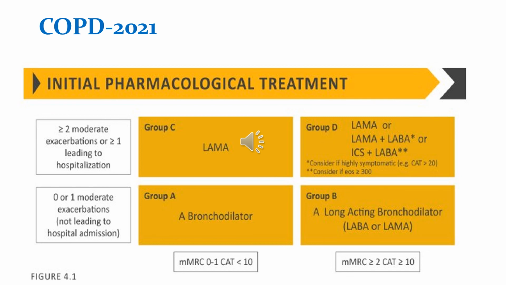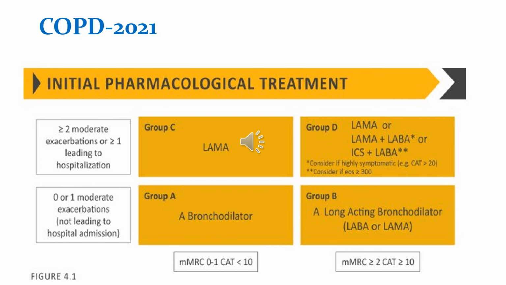Now, when we go from group B to group C, or from group A to group C directly, that means the number of exacerbations has increased. So we will have to use a LAMA.